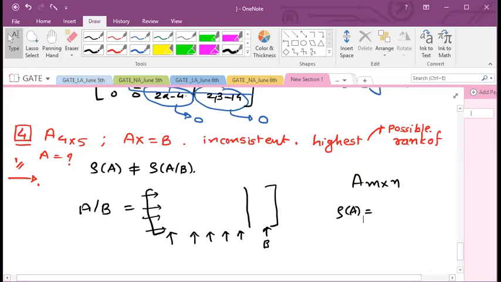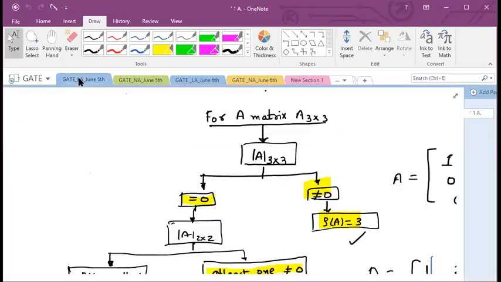If it is an M cross N matrix, then rank of A should be, anything you can remember, less than or equal to minimum of M, N. So rank of A will always be less than or equal to minimum of M, N, isn't it? You can check this from previous notes as well, right? So your rank of A should always be less than or equal to minimum of M, N.